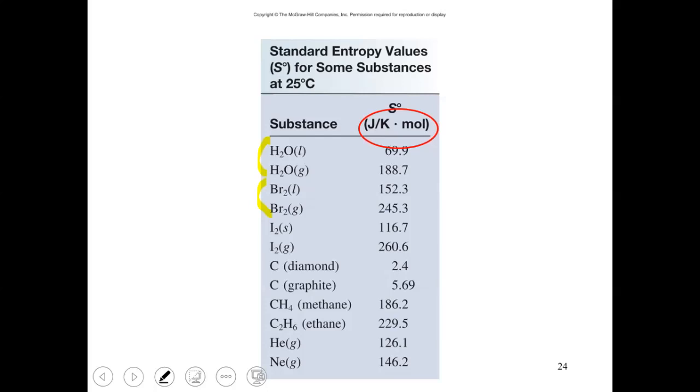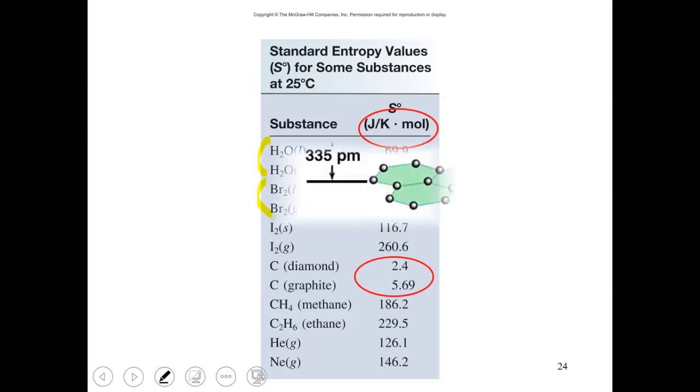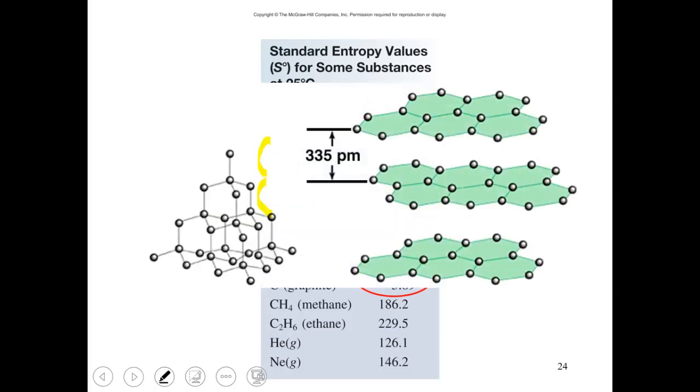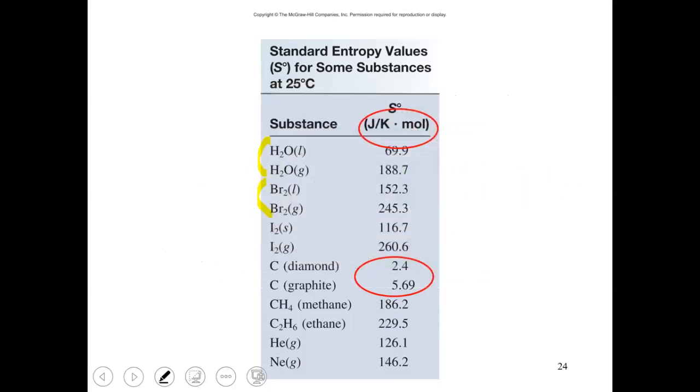Again, if we look at the way that carbon atoms are organized in those two forms, these are what we call allotropes. Diamond on the left, graphite on the right. You can see a very high level of organization where the carbon atoms are pretty much held in place. So you anticipate these are going to be low entropy situations.